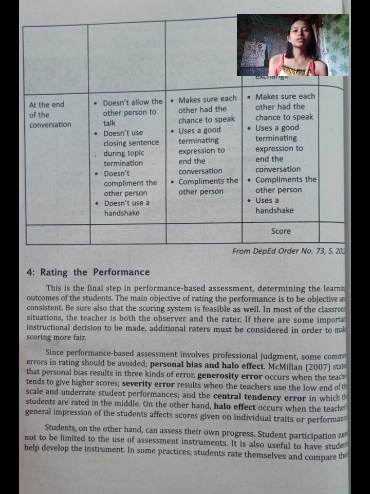We have generosity error, which occurs when the teacher tends to give higher scores. Severity error results when the teachers use the low end of the scale and underrate student performance, and central tendency error, in which students are rated in the middle.